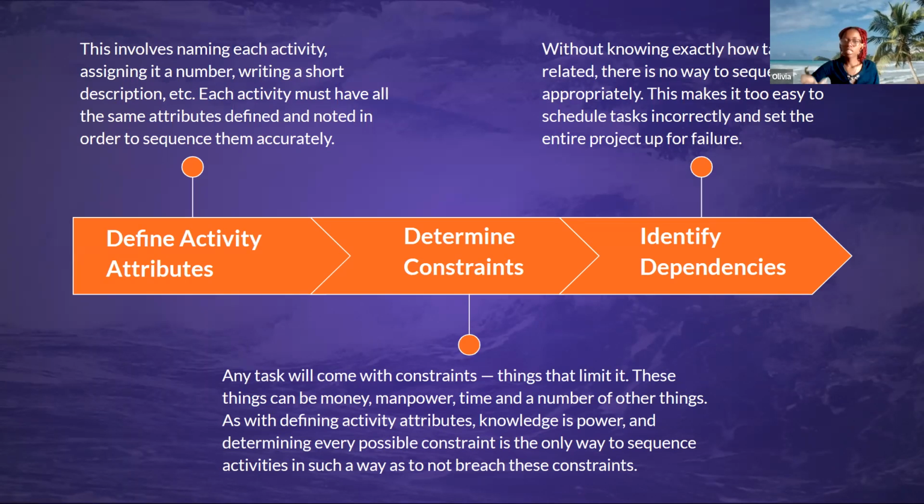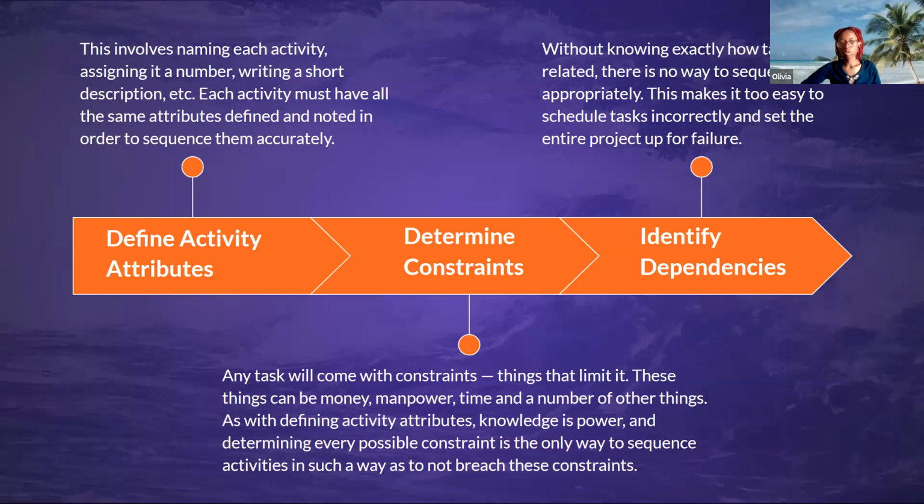Another is to determine your constraints. Almost every task comes with constraints, and constraints are simply things that limit that task. It can be things ranging from resources, time, costs that you need to work with, and a lot of approvals as well, and more others.